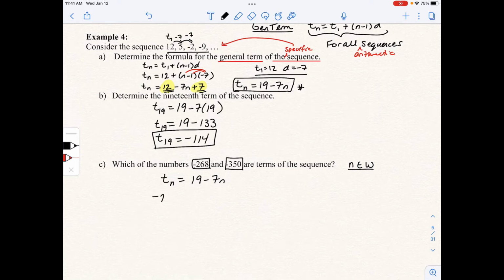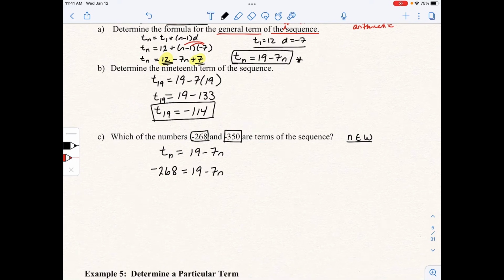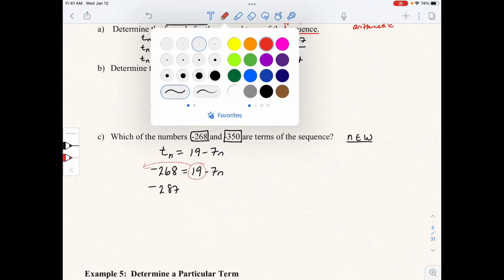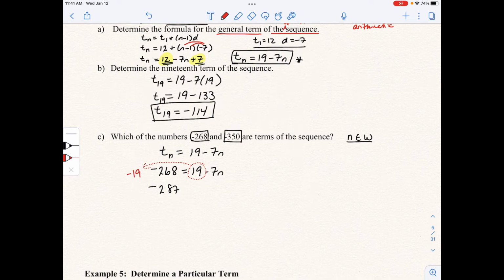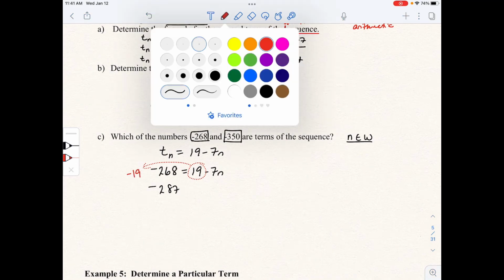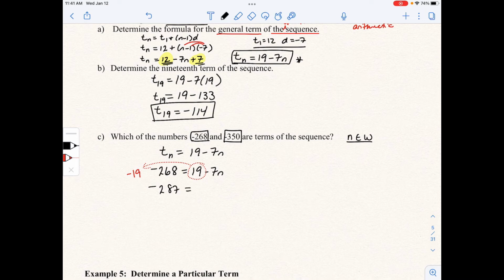So if I plug in negative 268 here and try solving for n, well, negative 268 minus 19, subtracting the 19 there, would be negative 287, and that's equal to negative 7n.